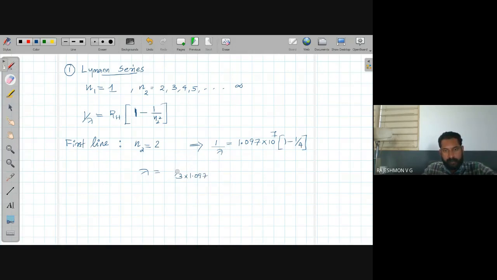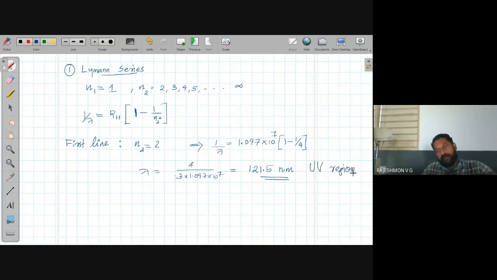And if I substitute the values, it will come around 121.5 nanometer. 121.5 nanometer is in the UV region.